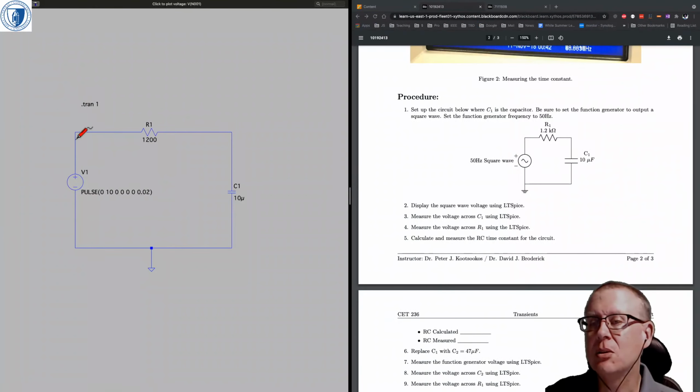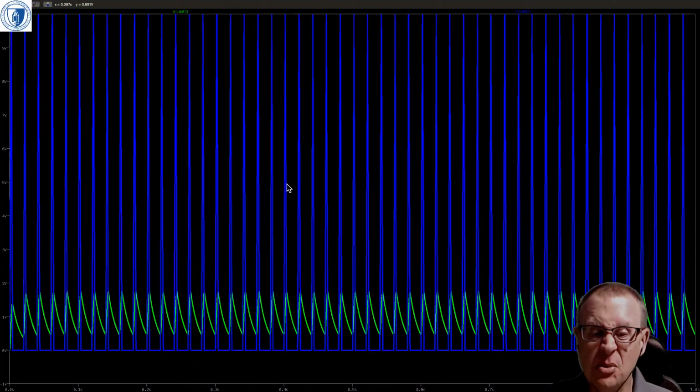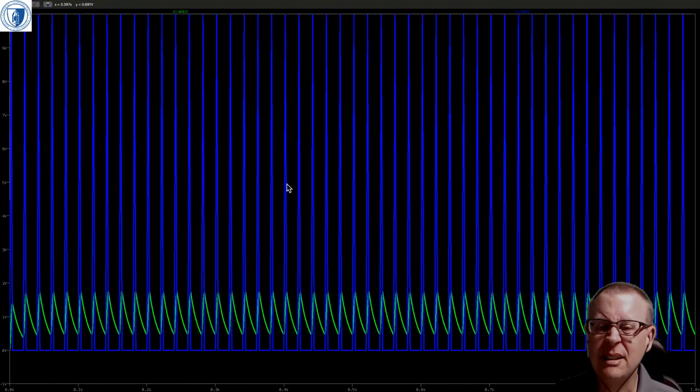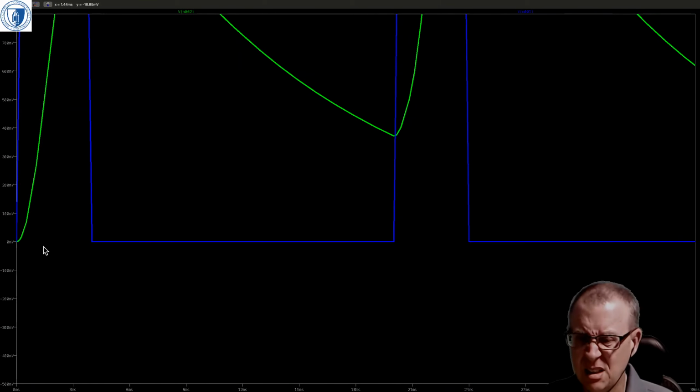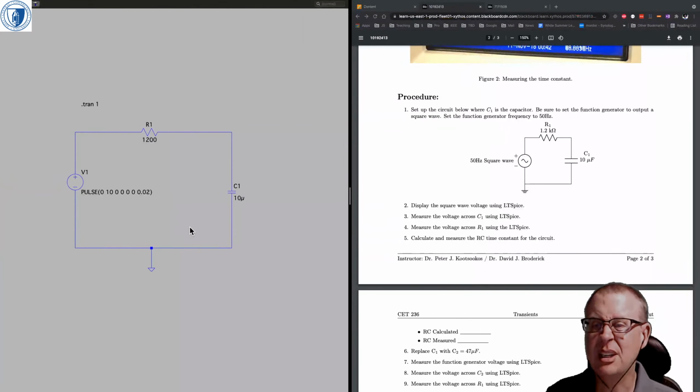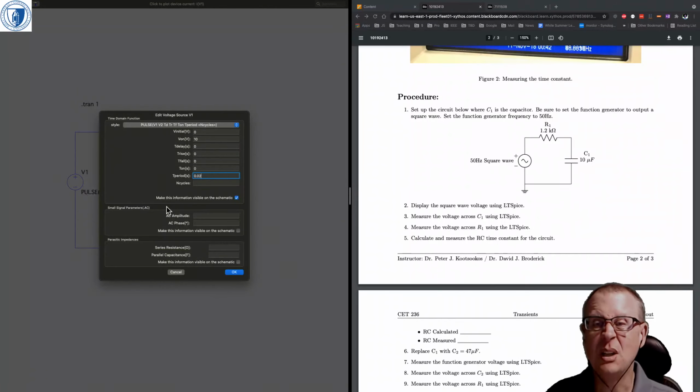So let's just have a look and make sure our square wave is right. Yeah, it's got the right period of about 20 milliseconds, but it's not got the right on time and off time. So let's have a look at what we need to do to get that.